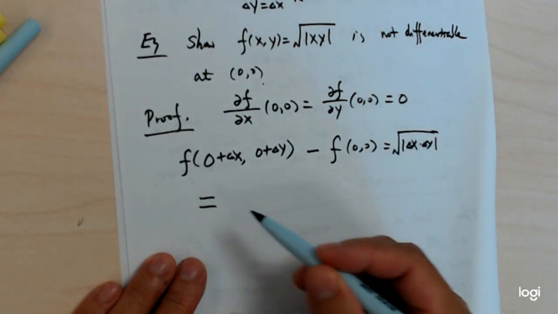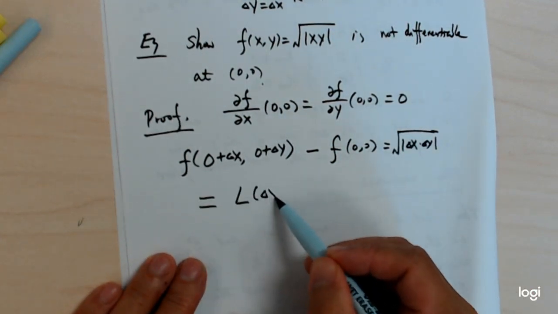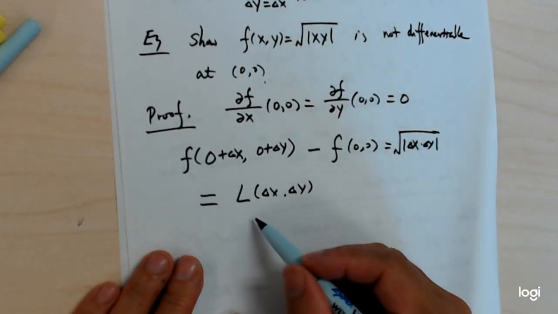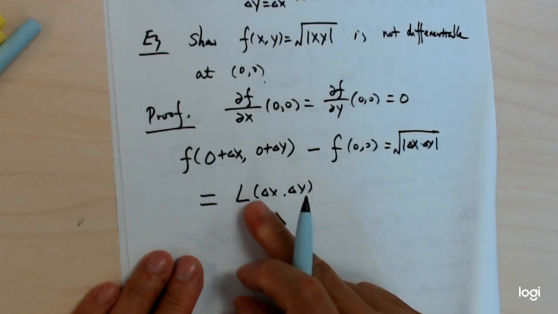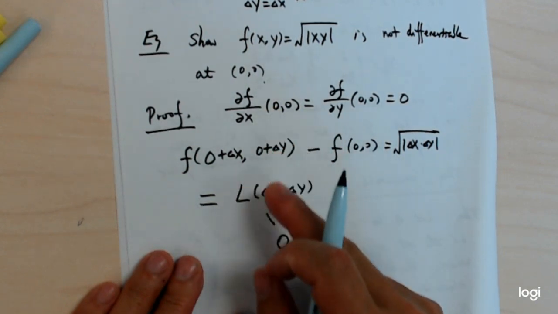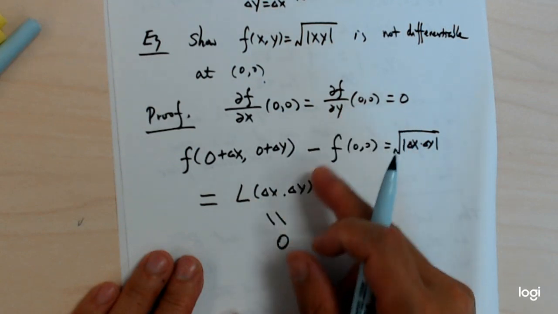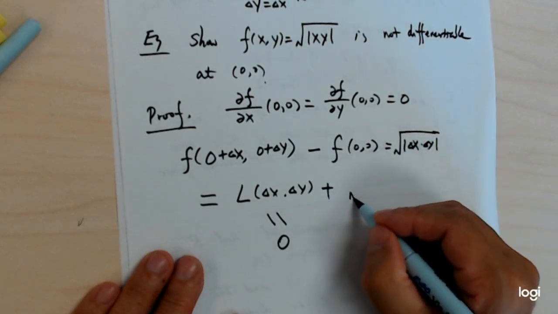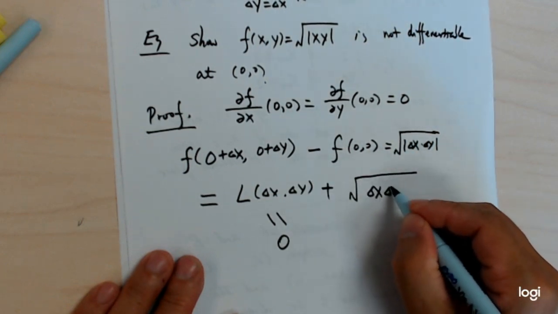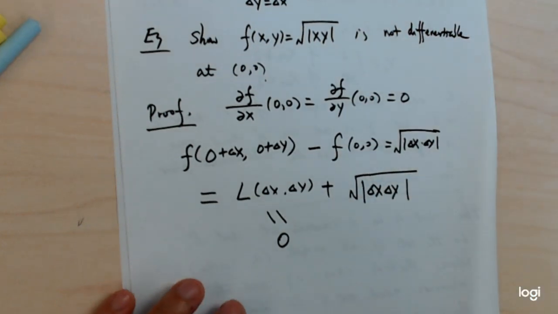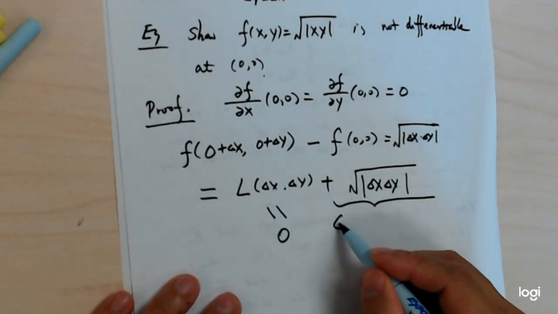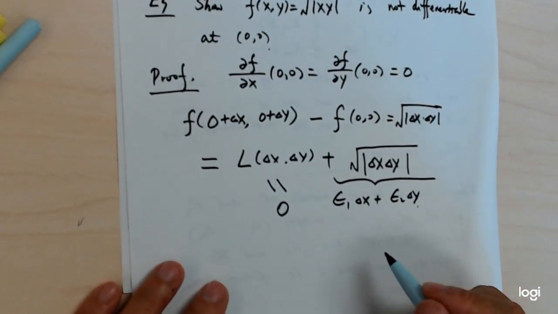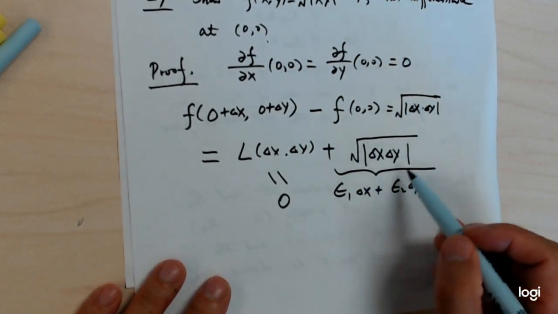And this will be equal to the linear error plus the nonlinear part. The linear error is always partial derivative times delta x plus partial derivative times delta y, but in this case it's always 0. So the nonlinear part is really this part here, the higher order term, which is supposed to be epsilon 1 delta x plus epsilon 2 delta y.